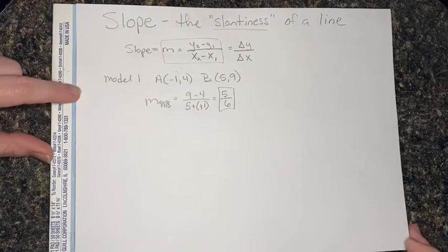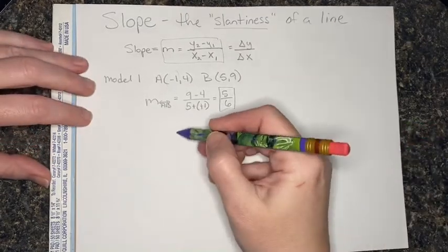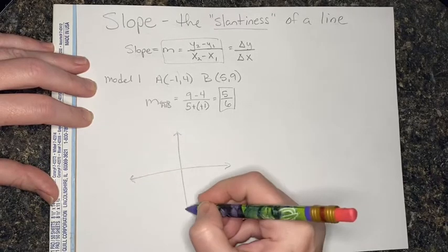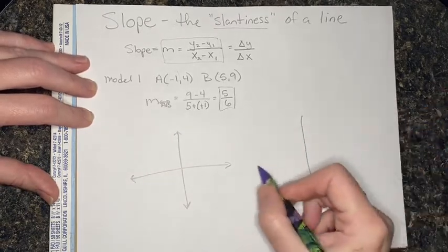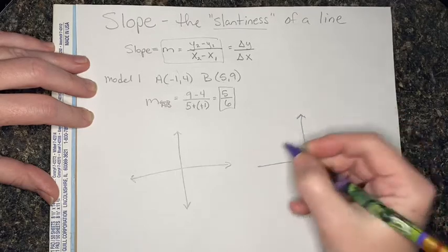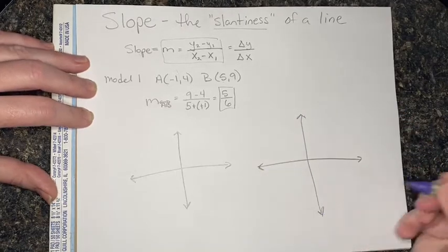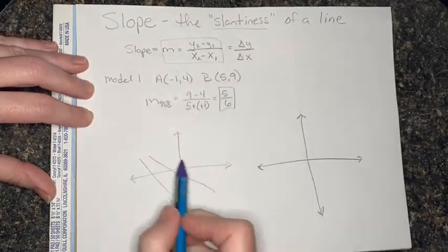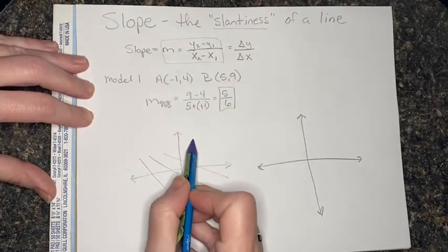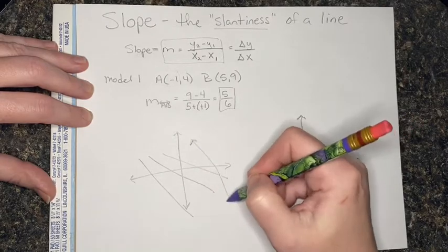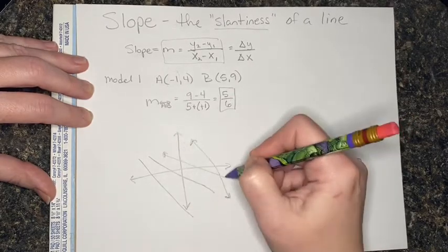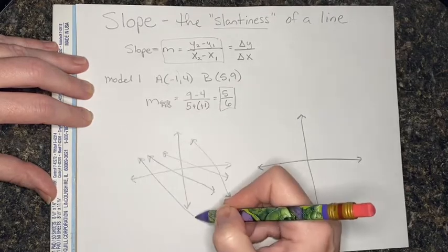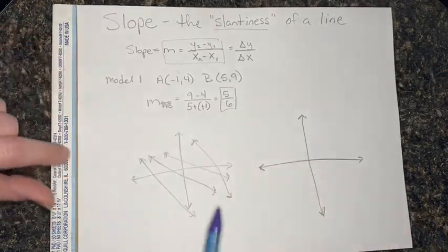When we're talking about slopes, we want to remember we've got 2 kinds of slopes. So here are a couple of rough coordinate planes, and we're just going to talk about the 2 different kinds of slopes. We have negative slopes, and they look like this. When you're walking on any of these lines from left to right, you are walking downhill.